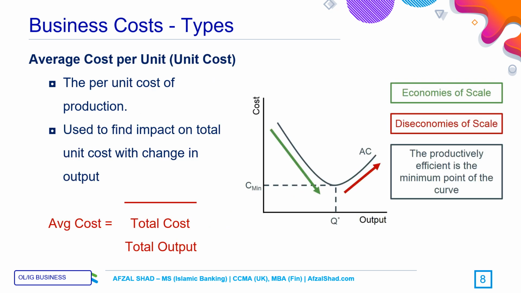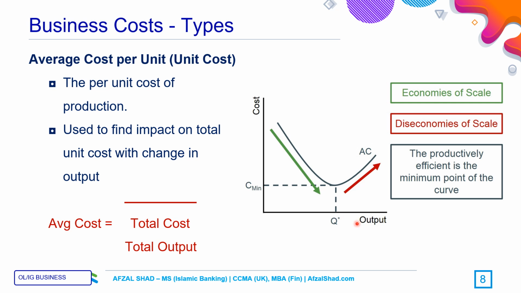Let's move ahead with another concept, the average cost. What is the concept of the average cost? Average cost, as we know, is the per unit cost of production. As we said in the economies of scale concept, this green arrow is showing that the cost is decreasing with the increase in output.